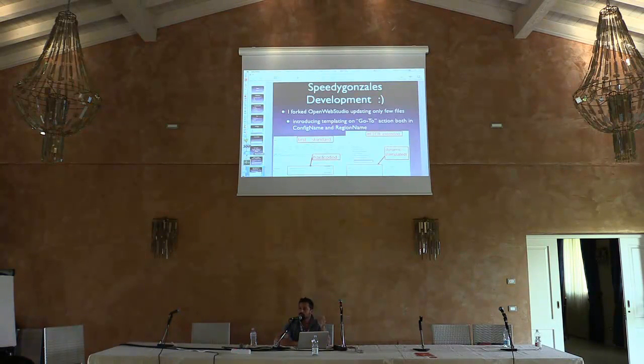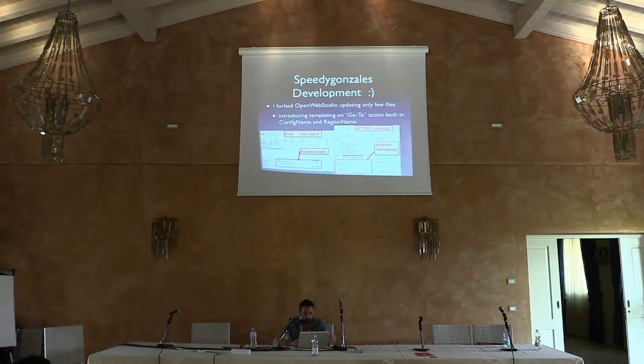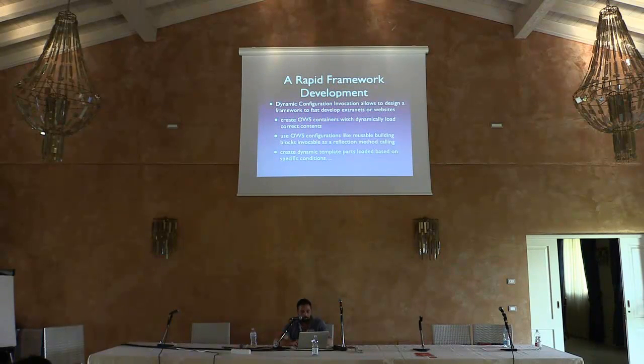It's clear? Okay. So we create some OWS containers which dynamically load the correct contents, use OWS configuration like reusable binding blocks, invocable as a reflection method call, and create dynamic template parts loaded on specific conditions. Simple.